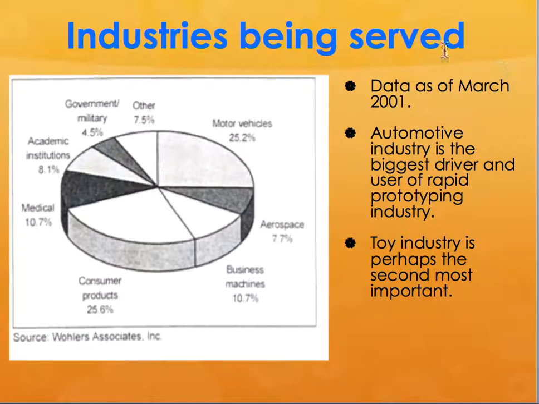This is dated data as of March 2001. That's the latest I could get. But there are so many of them. I've lost count of the number of industries that are using 3D printing and additive manufacturing.